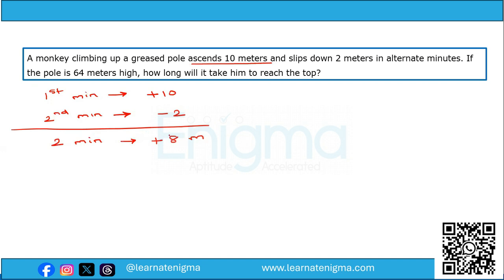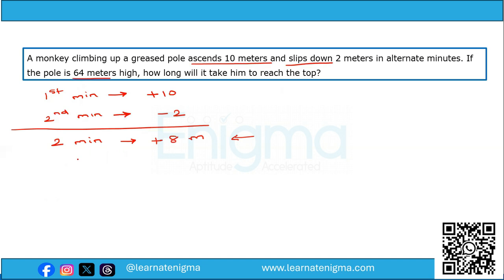Now, in such questions involving negative work or slipping, we have to find out the time required to reach the nearest multiple of the 2 minute total, which is less than the final target.